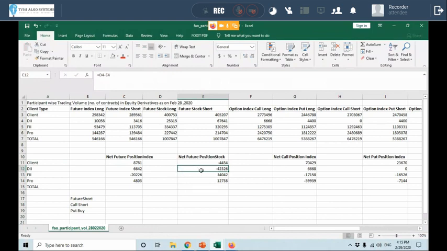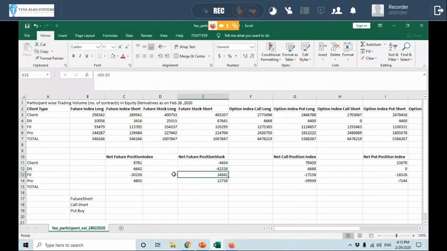They are short on futures stocks, but they are trying to cover their positions through Nifty by buying. So basically they are trying to hedge their position. But you can see this is minus 42,000 and this is just 6,000. Somewhere down they are also negative.